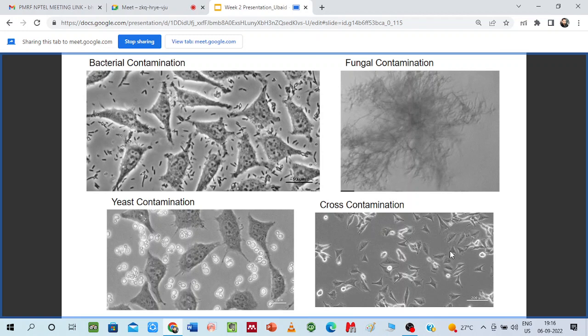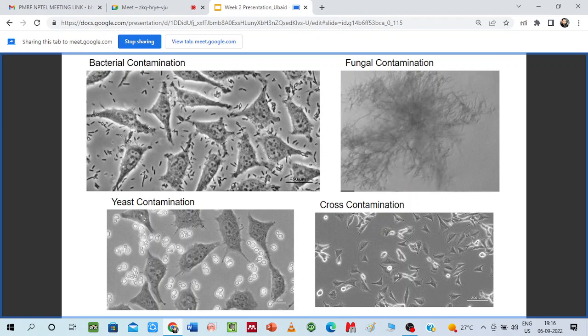If the morphology of both the cells is the same, then it is very difficult to detect under the microscope that your flask has cross contamination. So you have to be vigilant.